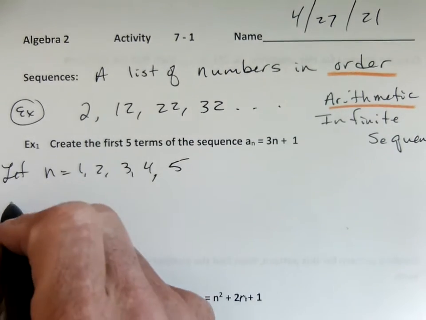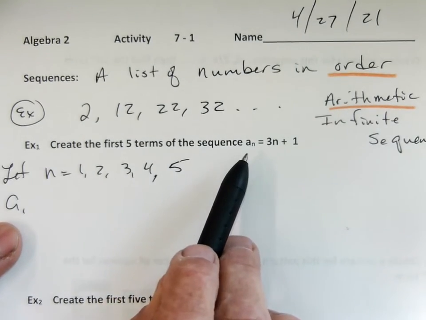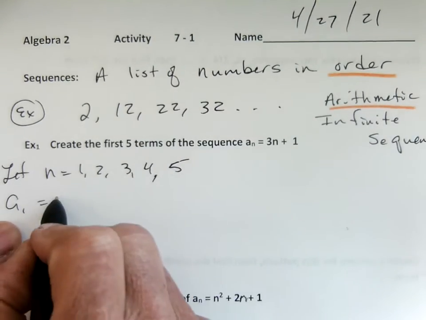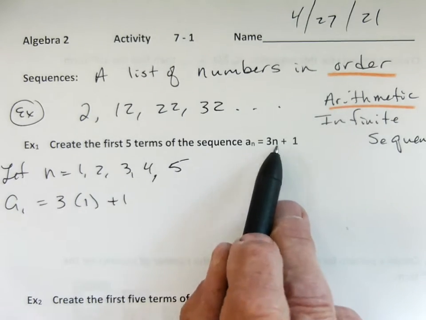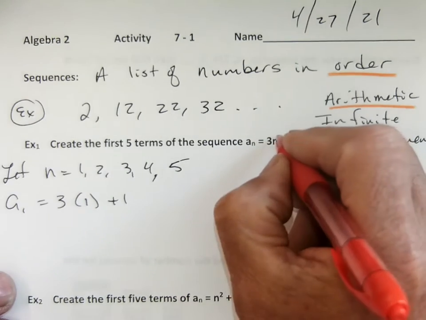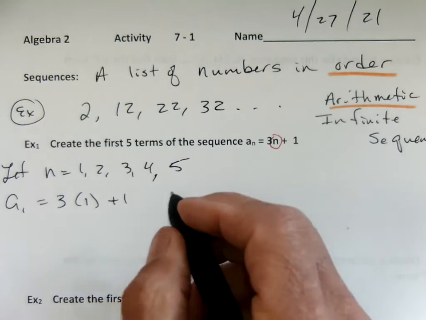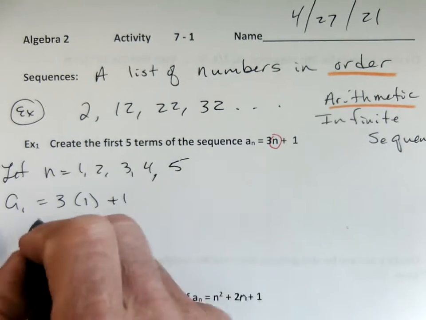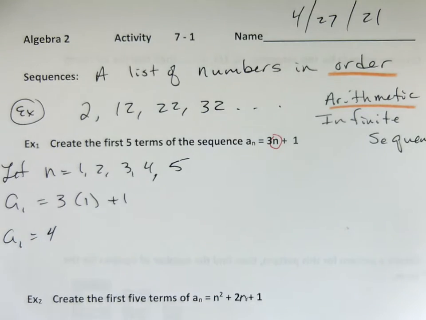So first of all, A1, which is our first term, is simply going to be 3 times 1 plus 1, because I'm plugging 1 into the formula, which makes 4, right? So A1 is 4.